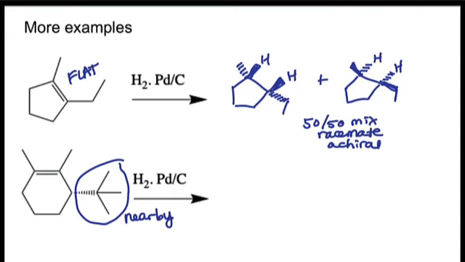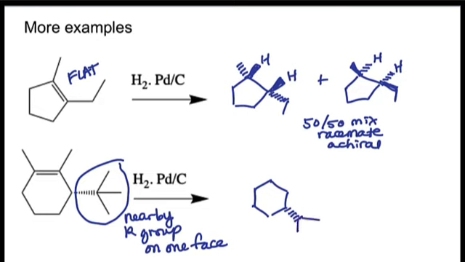Let's see how it plays out here, where we've got a nearby group on one face. It's on the back face of the double bond, the dash side, not the wedge side. It's going to prohibit the molecule from approaching our reagent on that back face, okay?